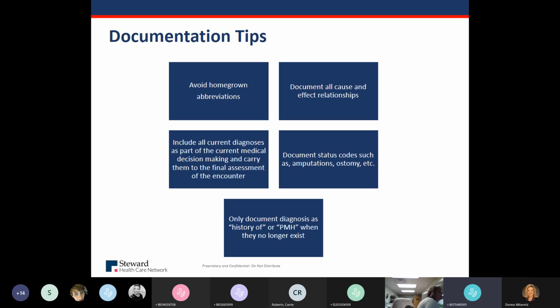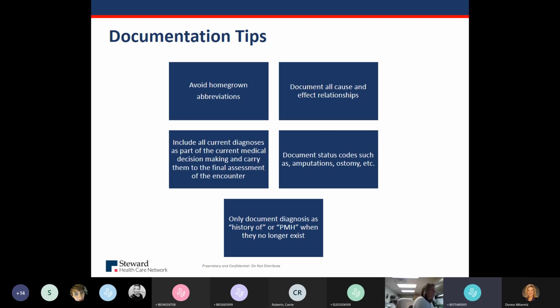And then document status codes, like amputations and ostomies. Amputations don't go away. I get told that by providers consistently: why do I need to capture this every year? It's because the budget resets to baseline every year, and the payer needs to know that this condition exists on a yearly basis to set the budget.